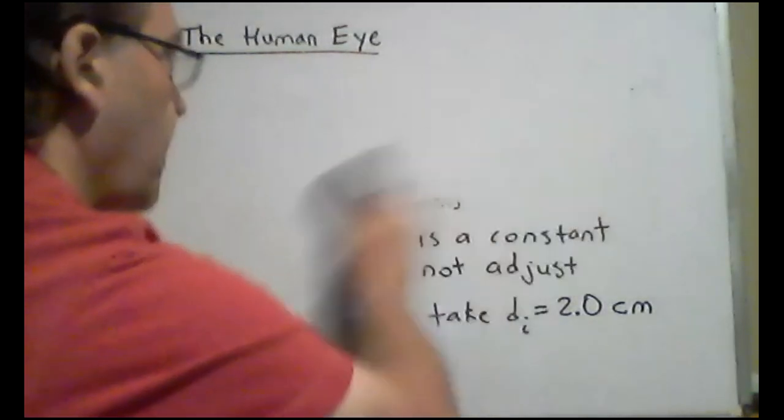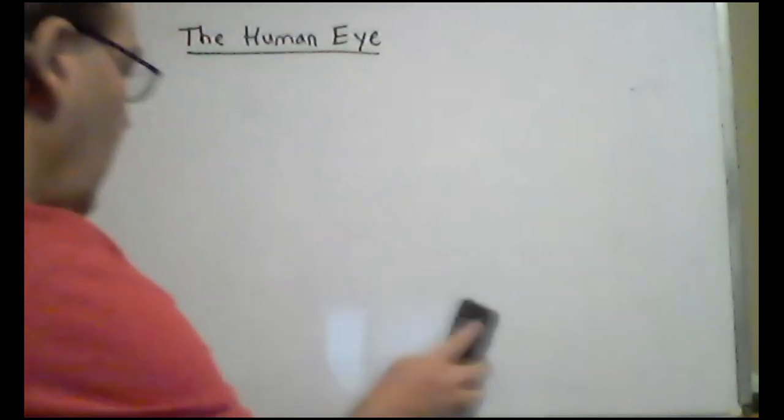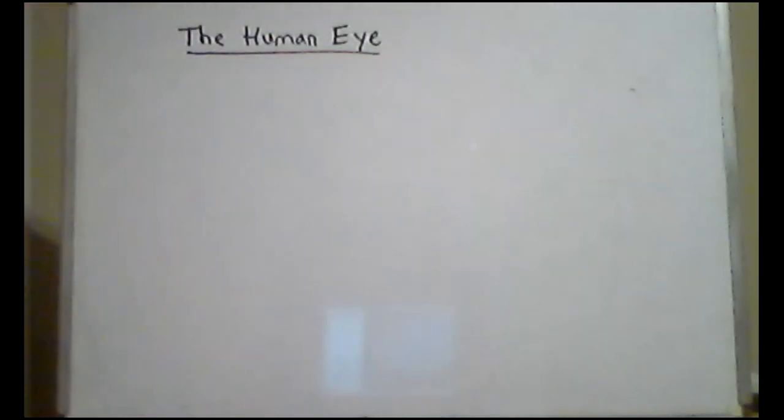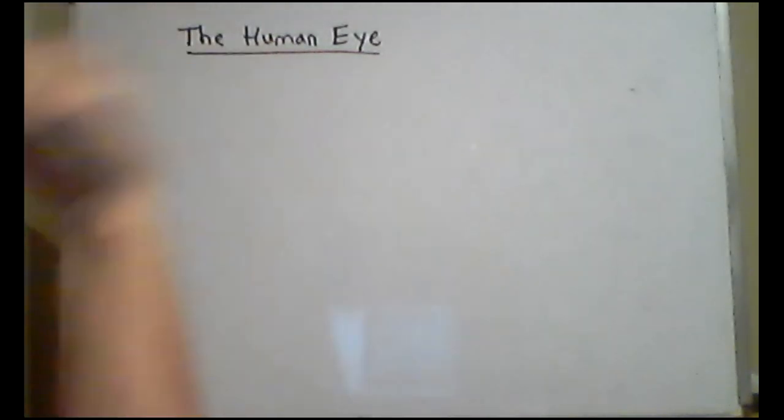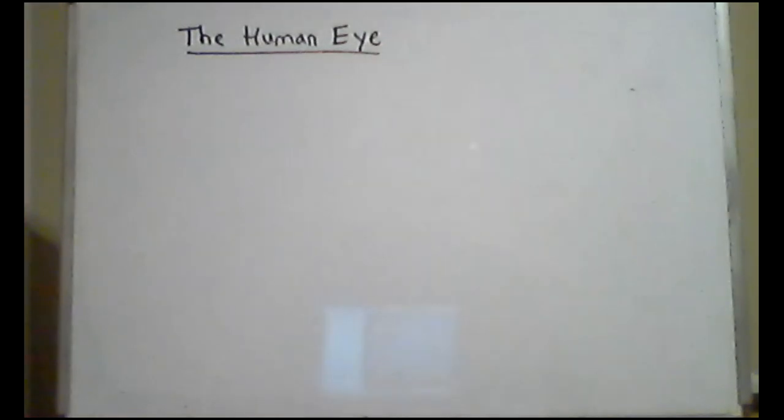So clearly, if d sub I has to be a constant, and of course we have no control over d sub O, we're going to focus on things far away or close up. The variable has to be the focal length, and the focal length is usually, at least in our labs, a constant. We usually cannot change the focal length.